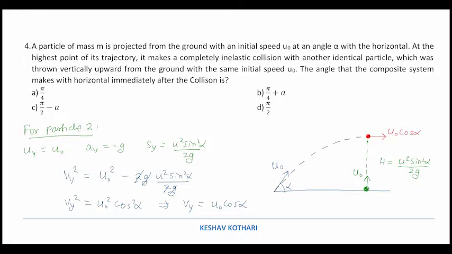If we consider both the systems together, then I can say that along the y-axis the initial velocity is also equal to u naught cos alpha for this system. Now if we talk about the initial and final momentum along the x-axis direction, the initial momentum of the system P initial is equal to mu cos alpha, and the final momentum, when the two masses combine together, will become 2m times the velocity along x-axis.